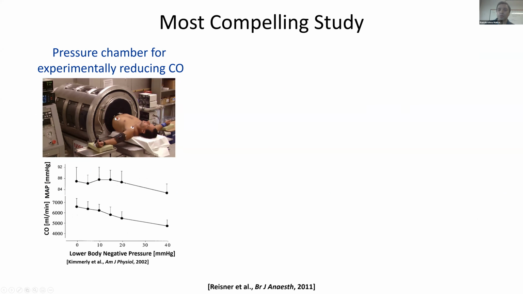And this causes blood to pool into the lower body. A chamber pressure of -40 millimeters of mercury causes about a 1 liter shift of blood from the upper body to the lower body. And as a result, cardiac output markedly declines, but mean arterial pressure is maintained. This is almost the same mean pressure.